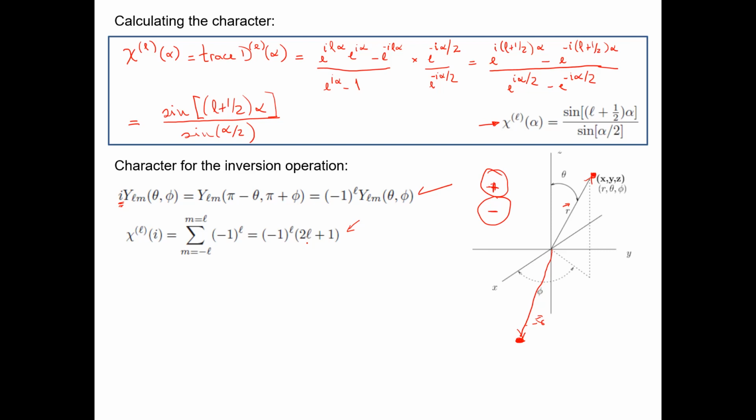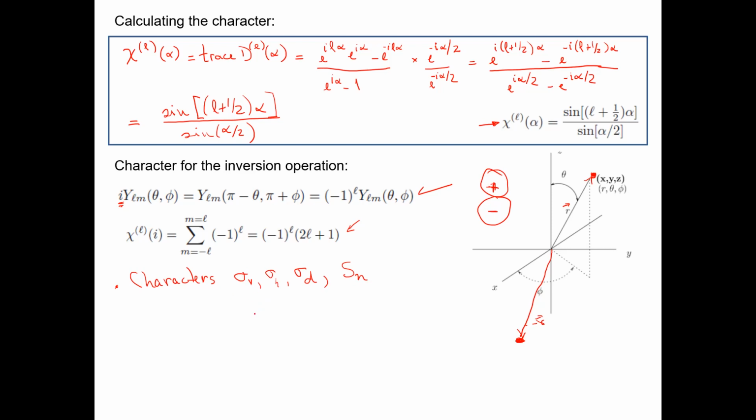In principle, I also have to calculate characters for mirror planes like sigma V, sigma H, sigma D, and also characters for improper rotations like S_n. It's a rotation followed by a reflection.